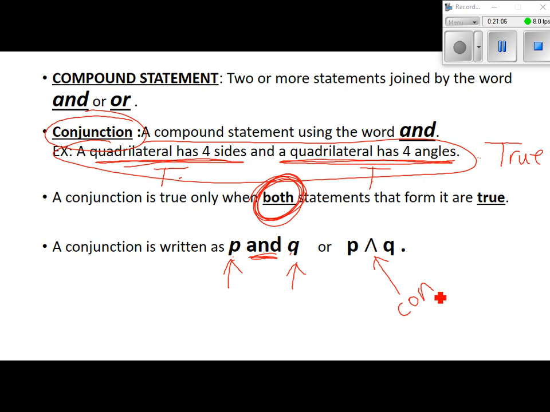Make sure it's that upside down V. That's the symbol for a conjunction. So anytime you see that upside down V, it's telling you the word and. So Kylie, if I write that, what word? I knew you were paying attention.